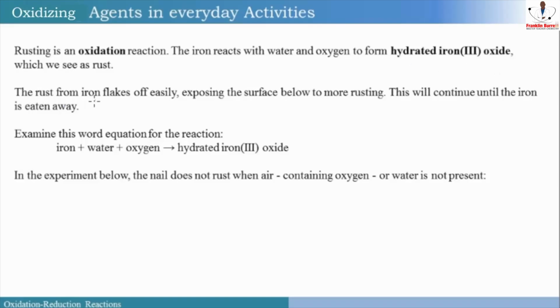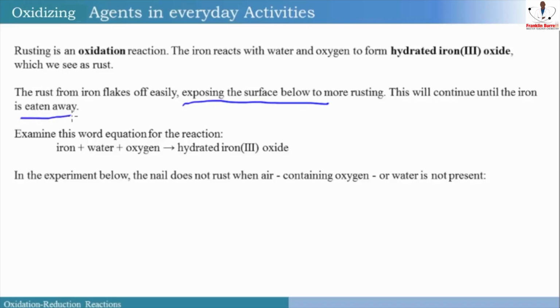Now the rust from the iron flakes off very easily, and if it flakes off, it is going to expose the surface below to more rusting, and that is why you see iron being eaten away when you have rusting, because the flakes will fall off, leaving the inner metal exposed to more oxygen and water, which is moisture, and that will continue to occur until there is no iron.